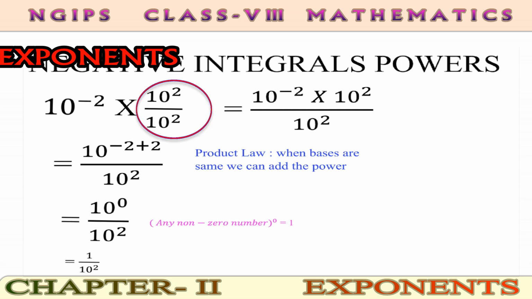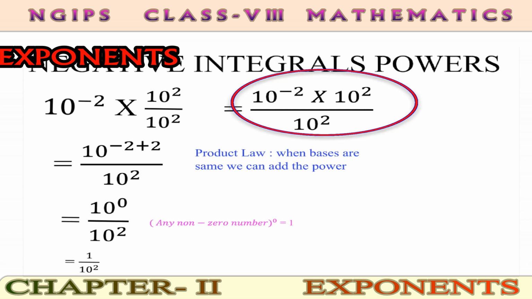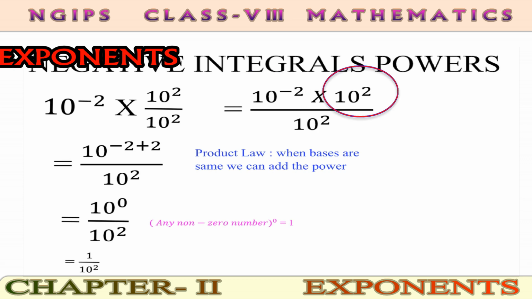We multiply and divide the number by 10 raised to 2. In short, we are multiplying the number by 1, which will keep the original number unchanged. That's equal to 10 raised to minus 2 multiplied by 10 raised to 2, divided by 10 raised to 2. We multiply this with this and divide by this.